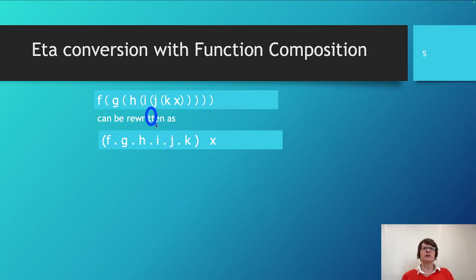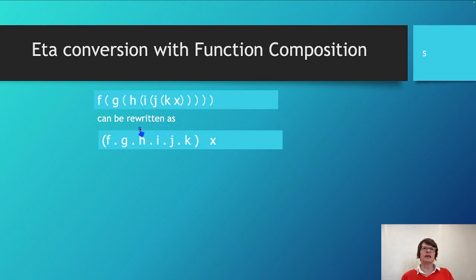So you can see the i's here. Then you have your h, you have your g, and you have your f. So here's our x, and the order, this is basically just a stream.